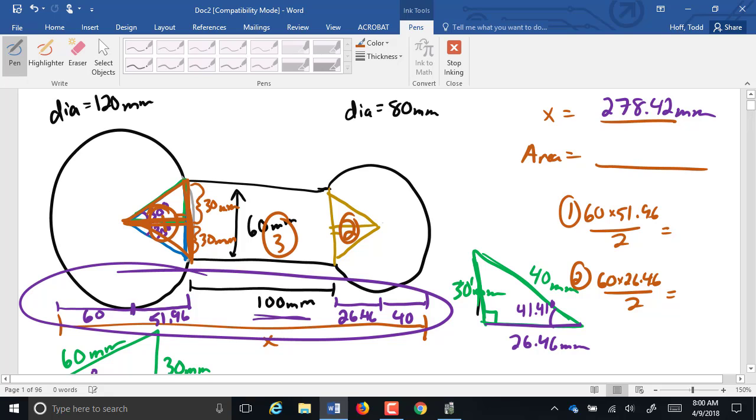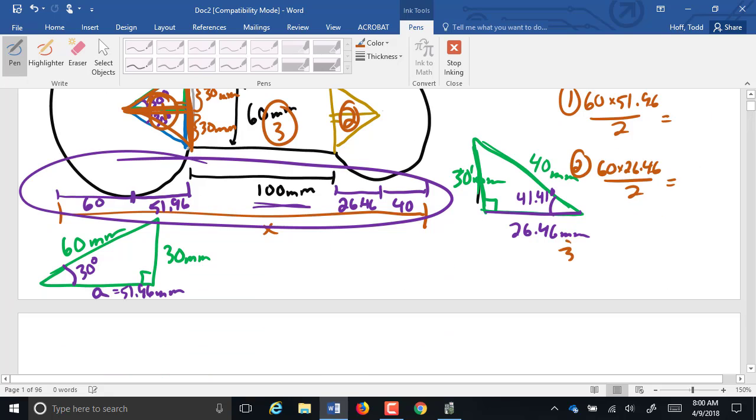Region 3 is going to be in the middle here. Region 3 is going to be simple, 60 by 100. Why didn't I divide by 2? It's a rectangle, yes. Region 4 is going to be over here. This angle is 300 degrees. How did I get that?